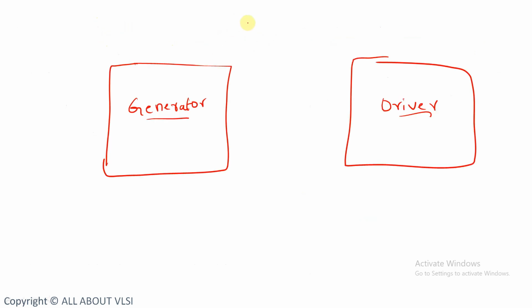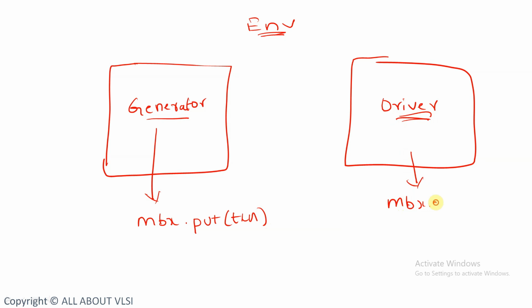Now, let me come back once again to SV. In the case of SV, if I want to use the mailbox handle, and let's say the generator is driving some data packet to the driver, the generator code was mailbox handle dot put of the transaction data, and the driver was just receiving it with mbx dot get of data.